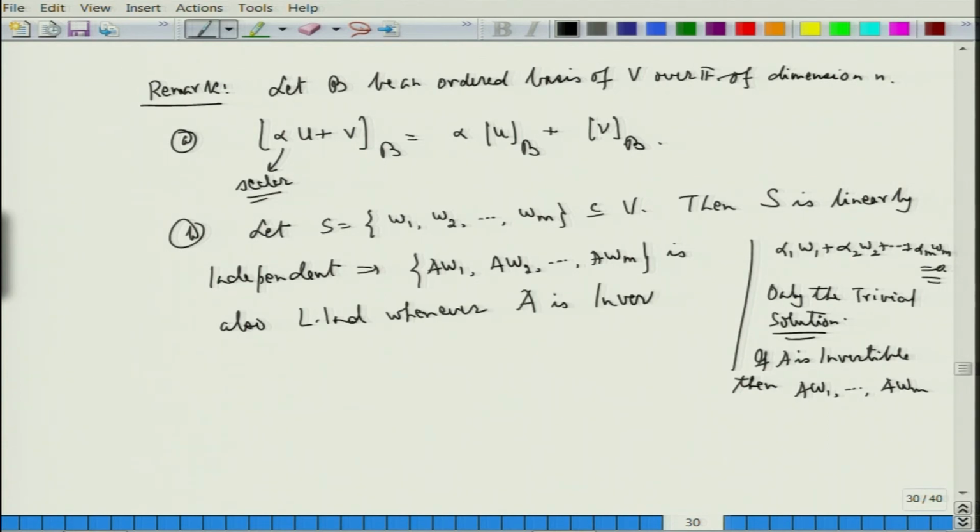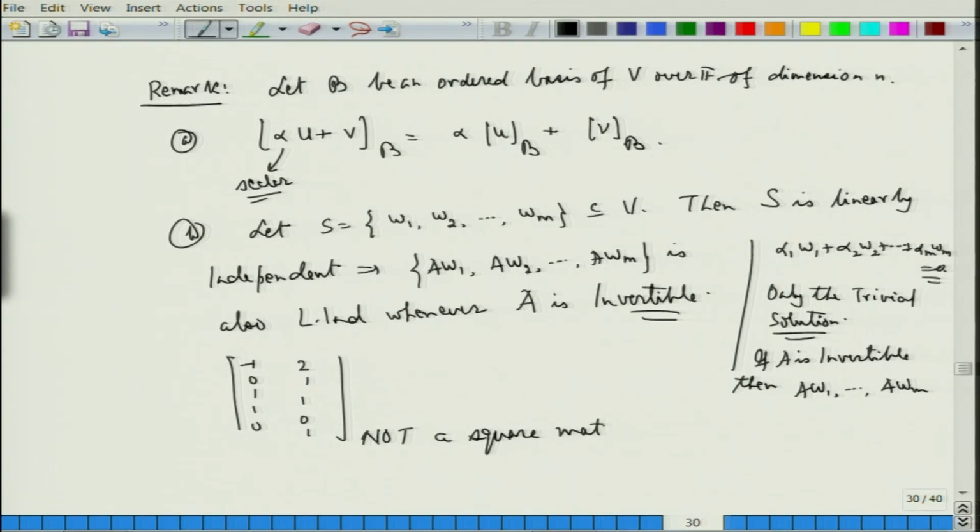This is what we had seen. All right. But here if I look at the previous example, this matrix that I had, -1 0 1 1 0 2 1 1 0 1, is not a square matrix. Fine, this is not a square matrix. So we cannot talk of invertibility.